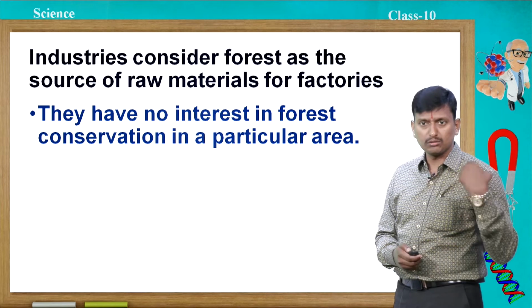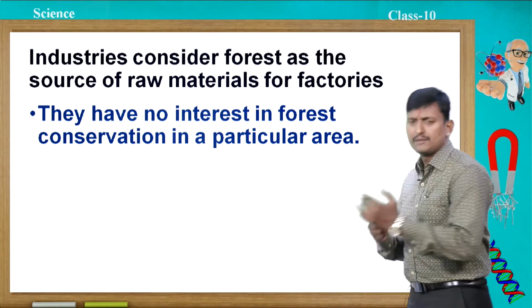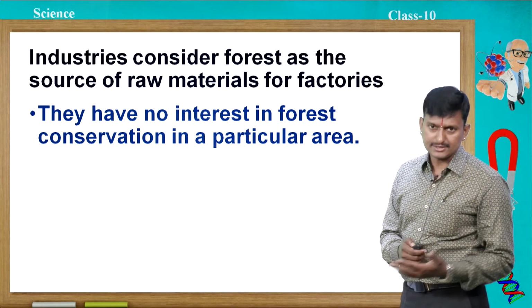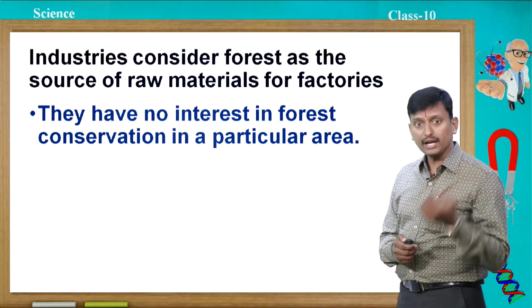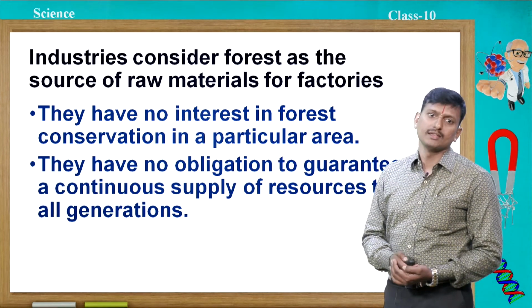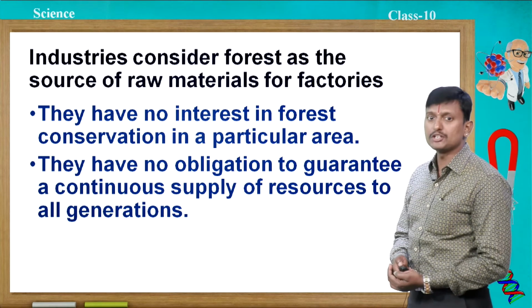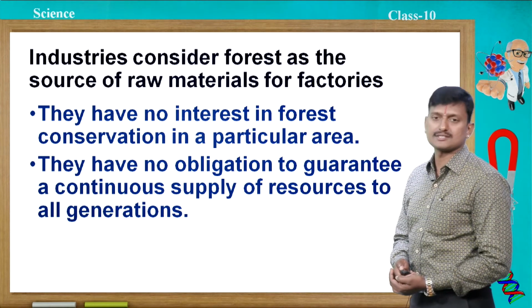They will not grow new plants in the entire area; they will just go to other places in search of timber. So, they do not have any interest in forest conservation in a particular area. They have no obligation to guarantee a continuous supply of resources to all generations.